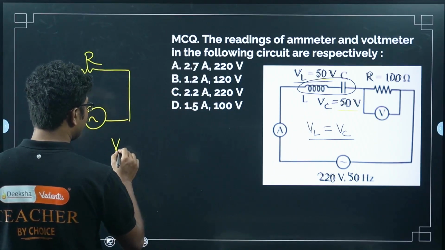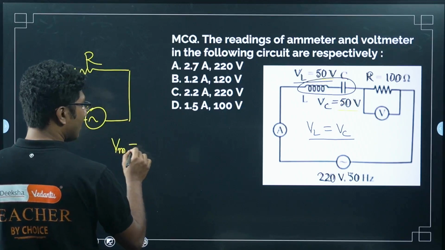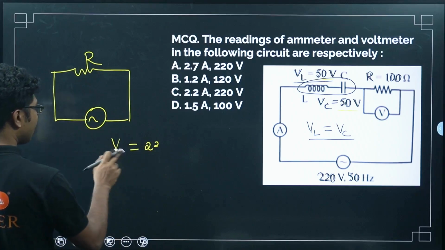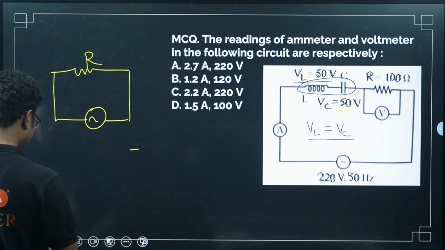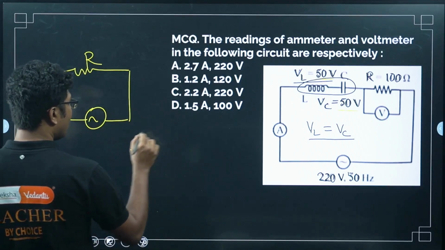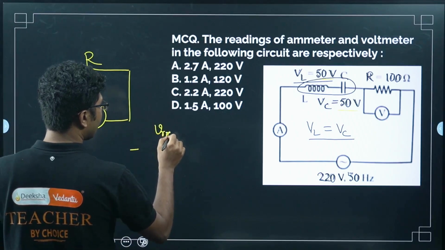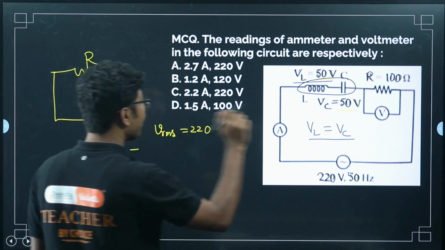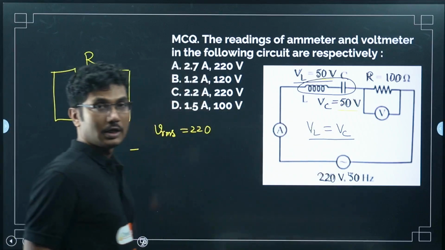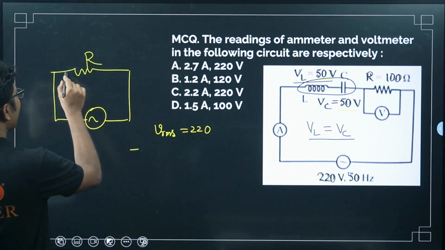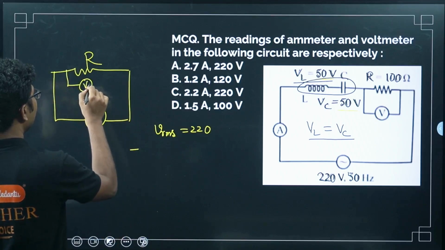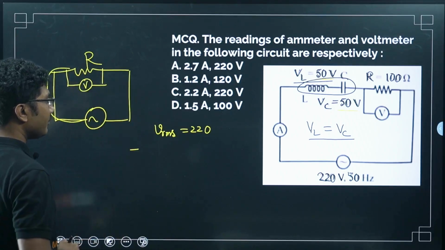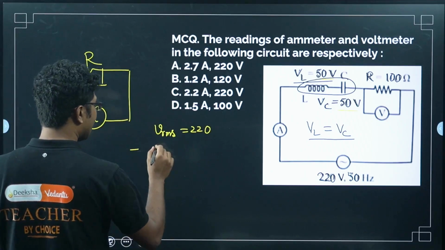Let us find the peak value first. Peak value of voltage is not needed here, RMS value is already given, right? So as I said before, V RMS is 220 volts. So the voltmeter will read 220 volts as it is, because if you add a voltmeter here, it will measure whatever voltage is coming from the source. So the voltmeter reading will be 220 volt. Now what is IRMS?